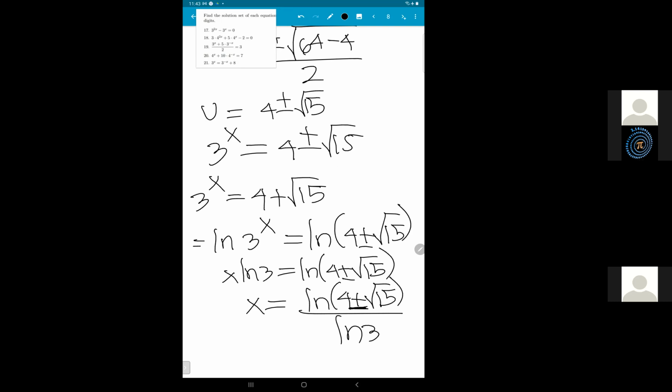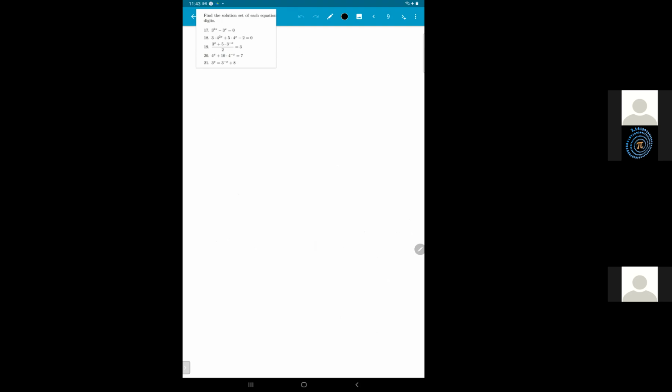Okay, so let's try another one. They are really the same. But okay, what's a good one here. 3 times 4 to the 2x plus 5 times 4 to the x minus 1. So the transformation would be given by this relation, u equals 4 to the x.